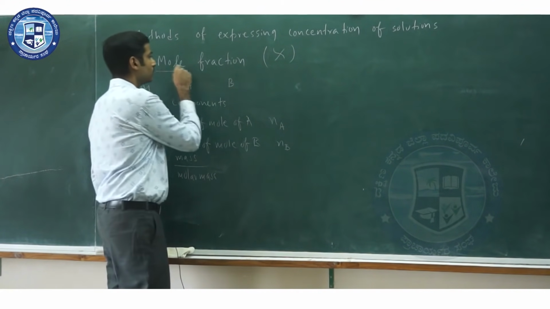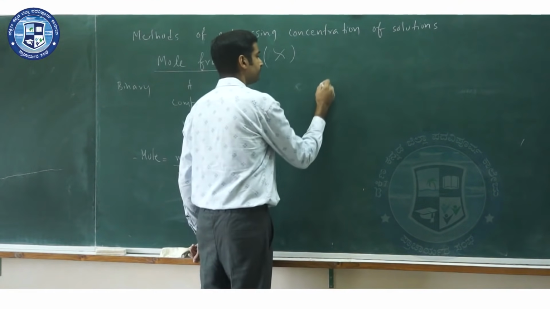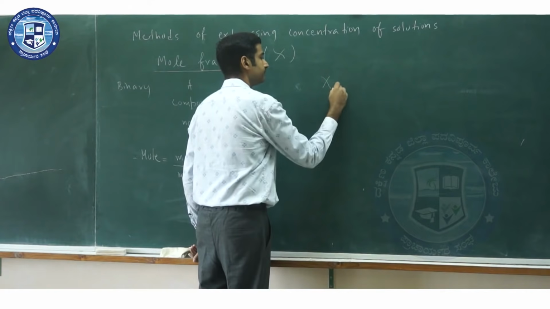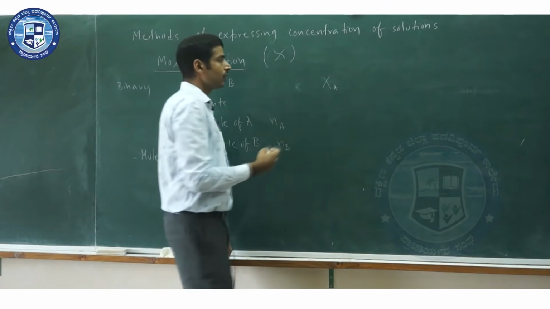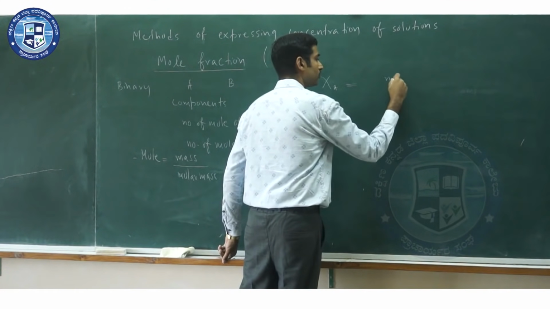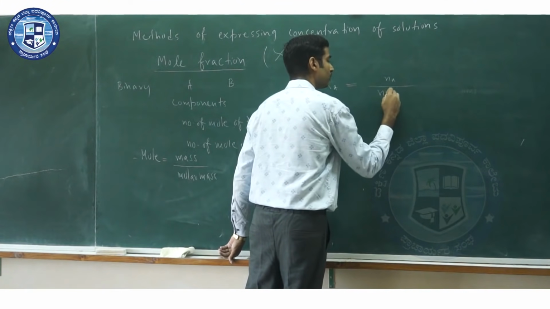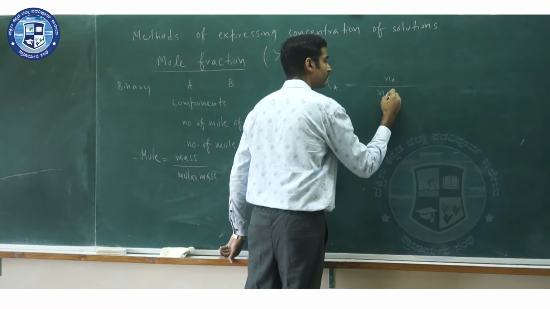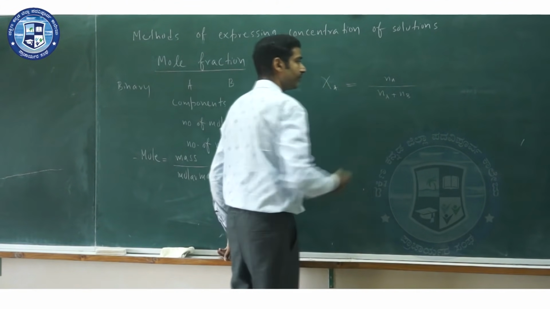Now I want to define mole fraction for A, mole fraction of the component A. What I do is I take the number of moles of A and I divide this by total number of moles of all the components present in the solution. There are only 2 components, A as well as B. I take the sum of this in the denominator.